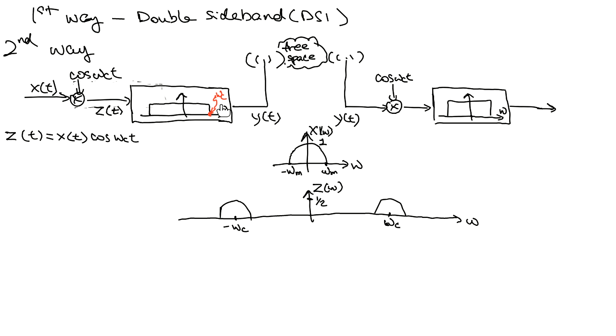What will happen is that my y, in this case, just exactly filters out half of the original signal spectrum.